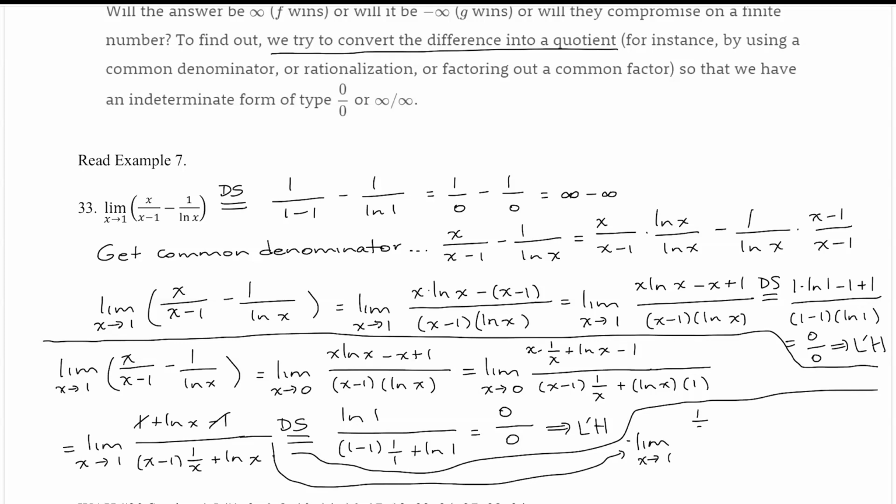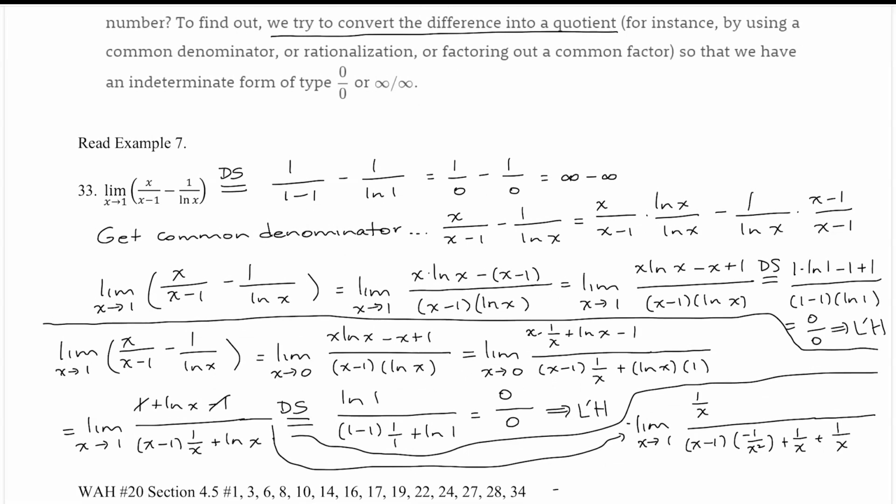Sorry about this, I ran out of space here. I'm taking the limit as x approaches 1 of the derivative of the top, that's 1 over x, over the derivative of the bottom. That requires the product rule in the first, times derivative of the second, plus the second times the derivative of the first, which is 1, plus the derivative of ln x, which is 1 over x.